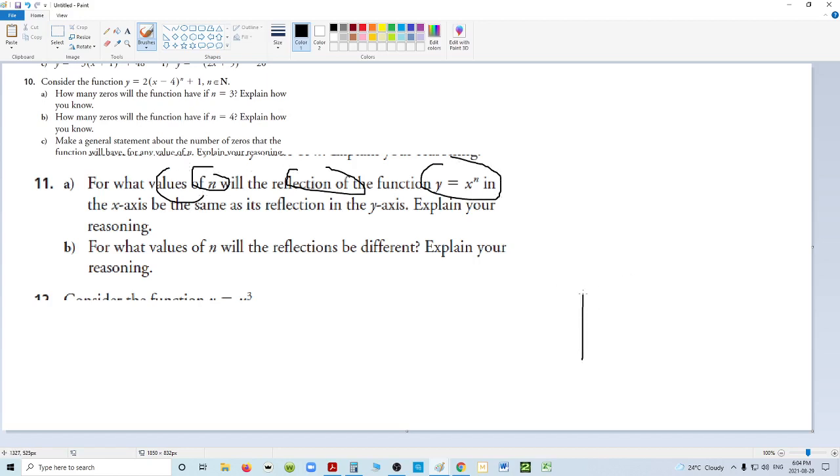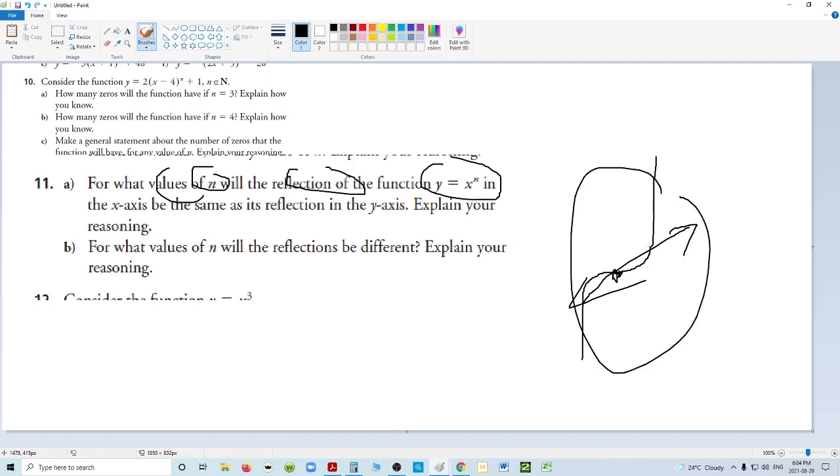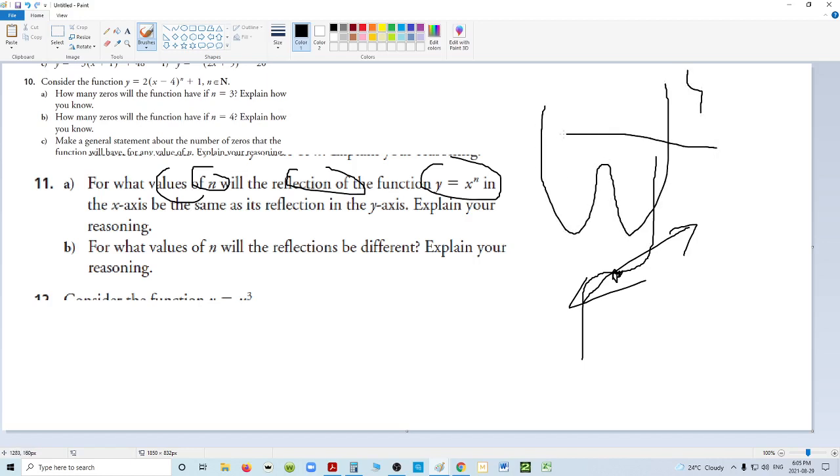So in this case, you've got to think of odd functions. It doesn't matter if it's odd, if I reflect it in the y-axis, you will not have the same function. But if it's an even function, a reflection in the y-axis will give the same function every time.